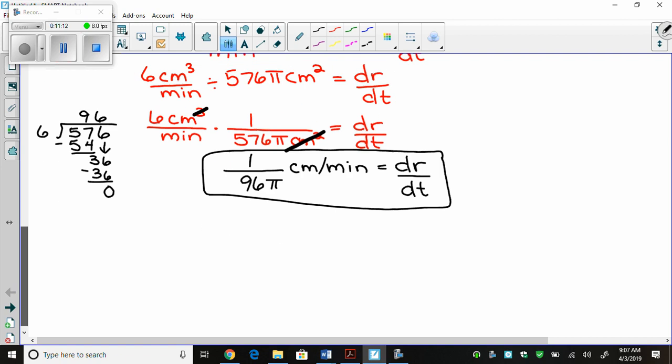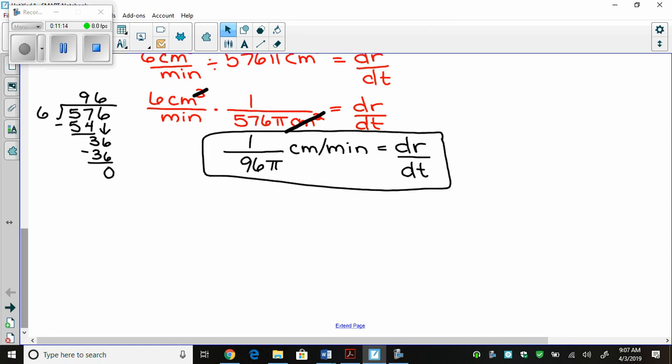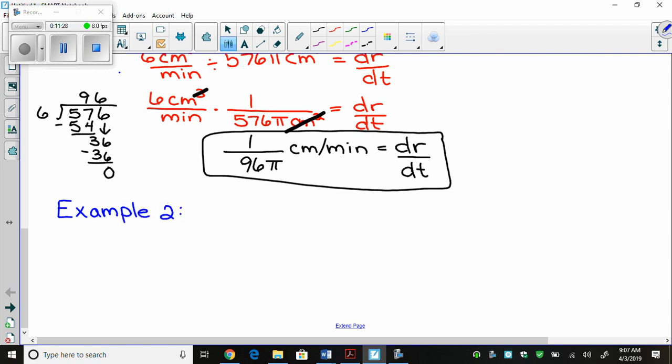Example 2. Who do we want to use today? Beatrice is filling an ice cream cone. Get that? Because she's lactose intolerant.